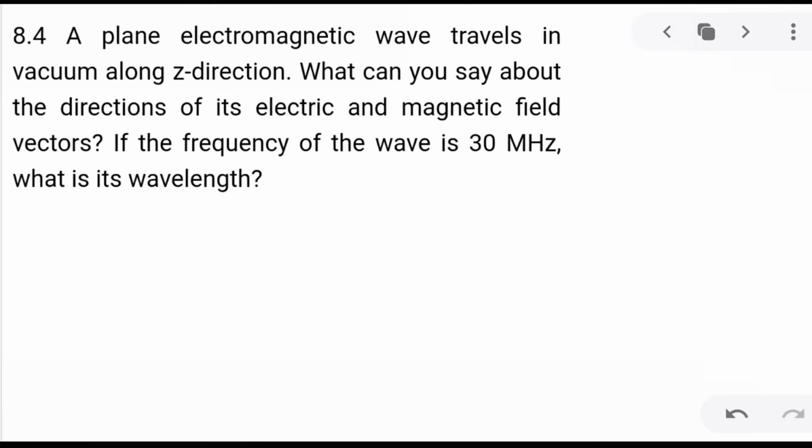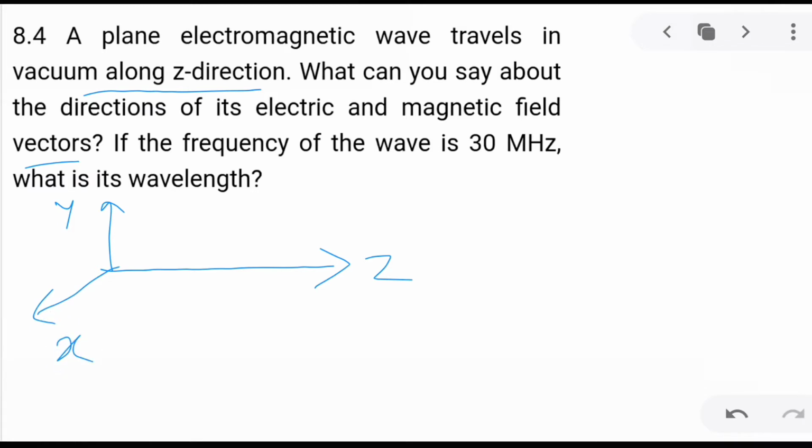Next is question number 8.4. A plane electromagnetic wave travels in vacuum along z direction. What can you say about the directions of its electric and magnetic field vectors? Now see, suppose this is your z axis, this is y axis and this is x axis.